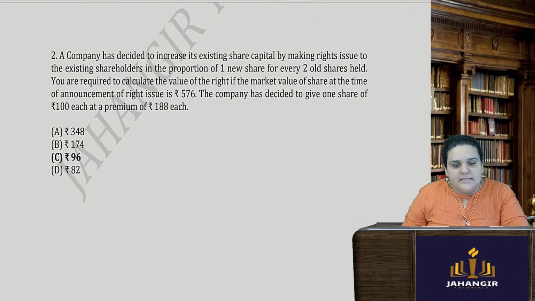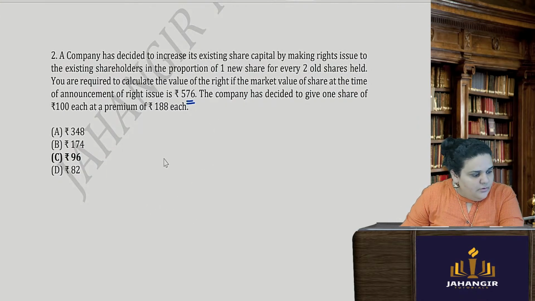The company has decided to increase its share capital by making a right issue to the existing shareholders in the proportion of 1 share for every 2 old shares held. You are required to find the value of the right if the market price at the announcement is 576. The company has decided to give 1 share of rupees 100 each at a premium of 188.